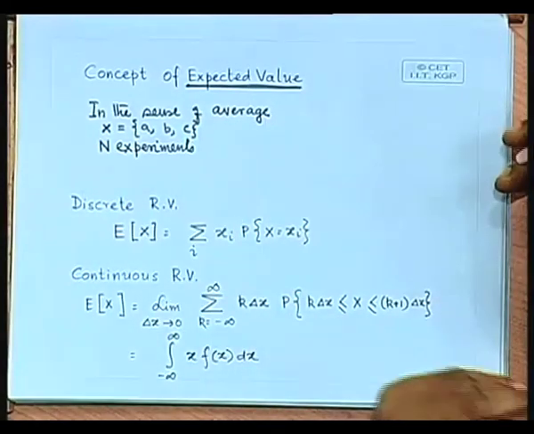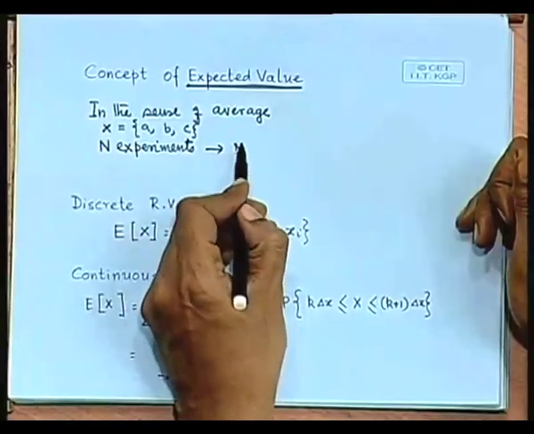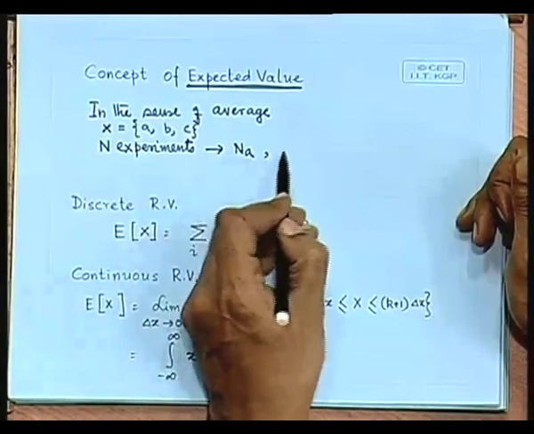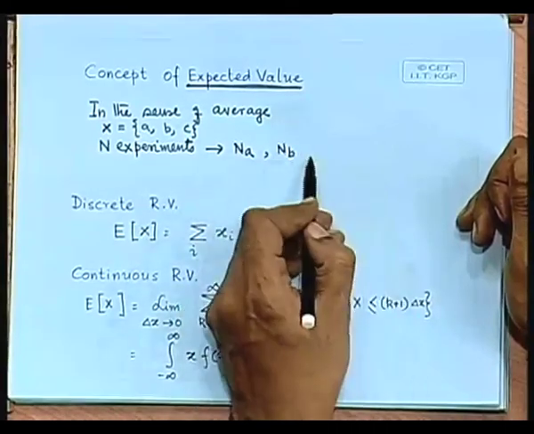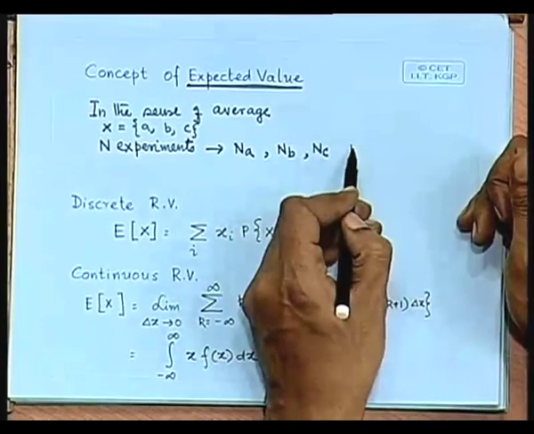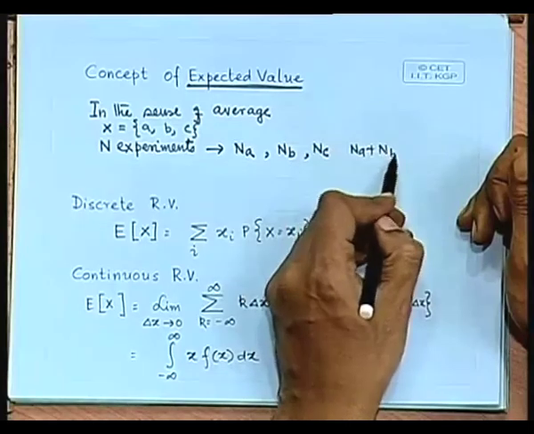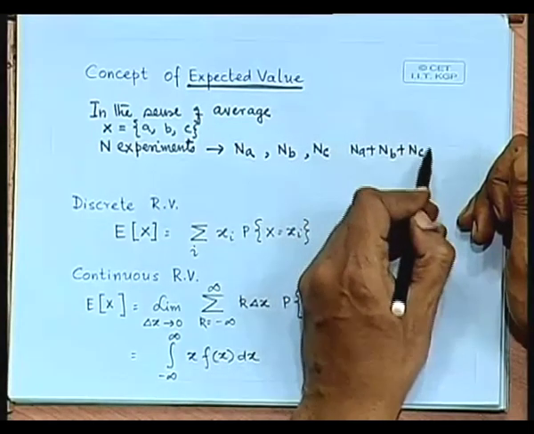Suppose we do n experiments, that is, we pick x n times, and of them n_a times we get a, n_b times we get b, and n_c times we get c. Obviously n_a plus n_b plus n_c is equal to n.